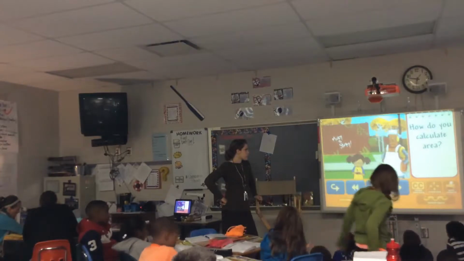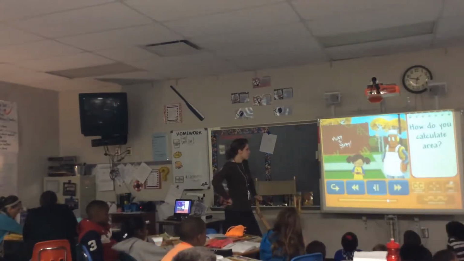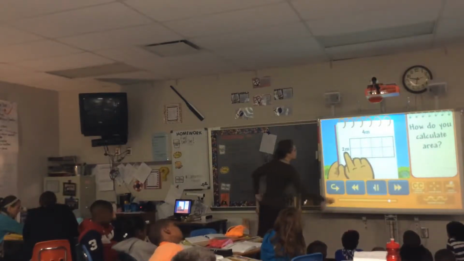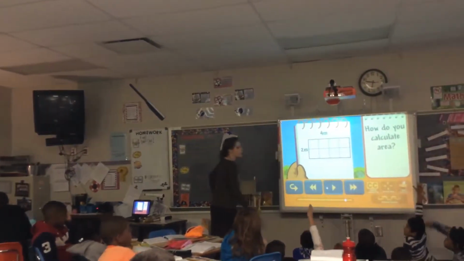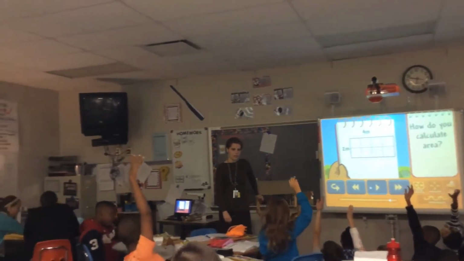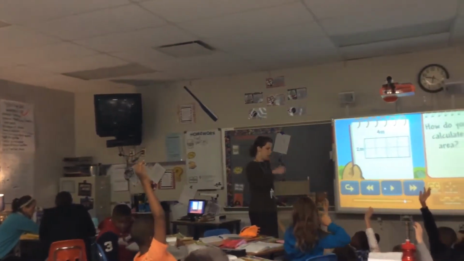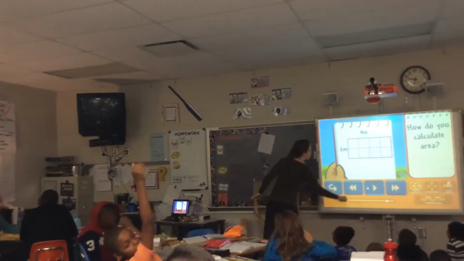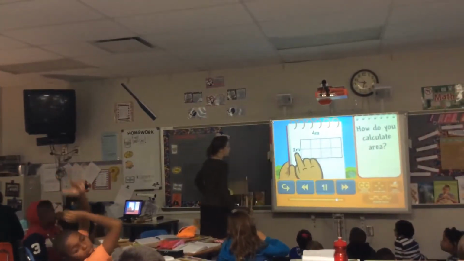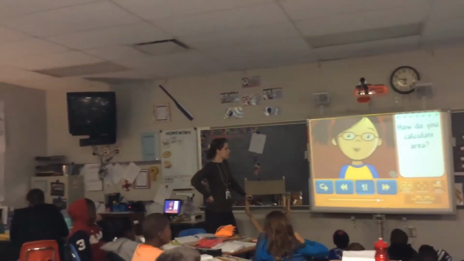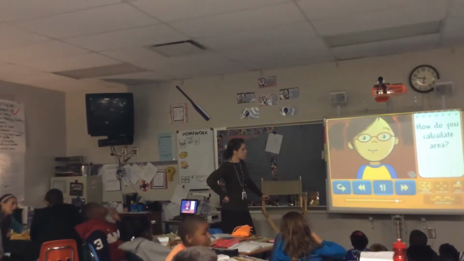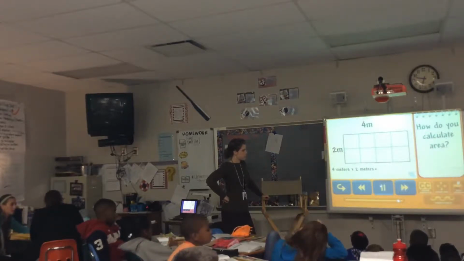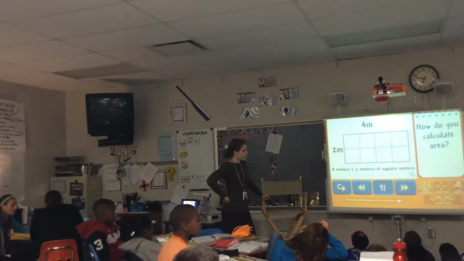Let's see. meters is equal to 8 square meters.